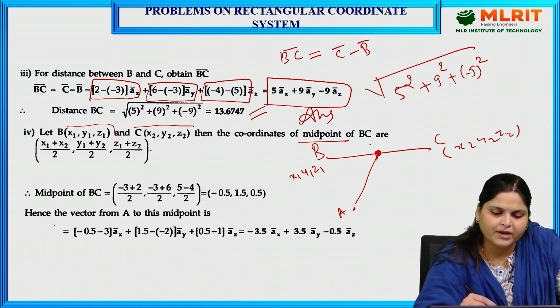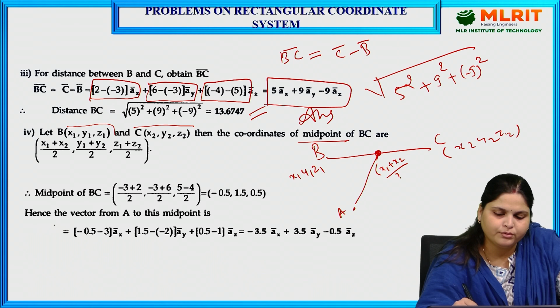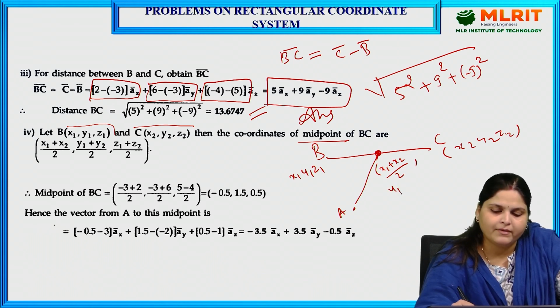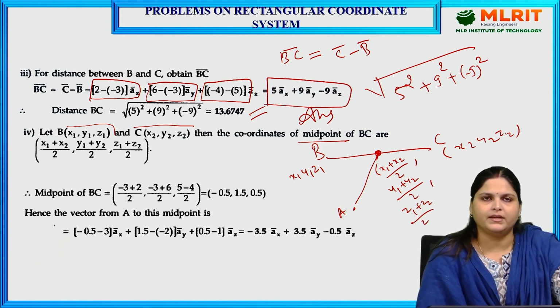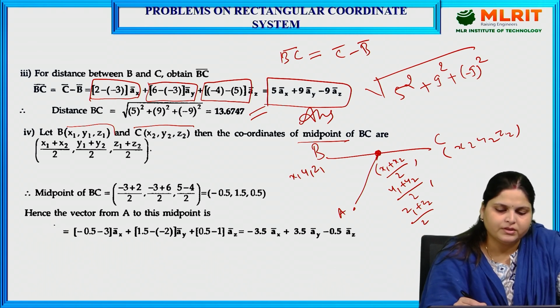So this midpoint is nothing but x1 plus x2 by 2, comma, y1 plus y2 by 2, comma, z1 plus z2 by 2, right?